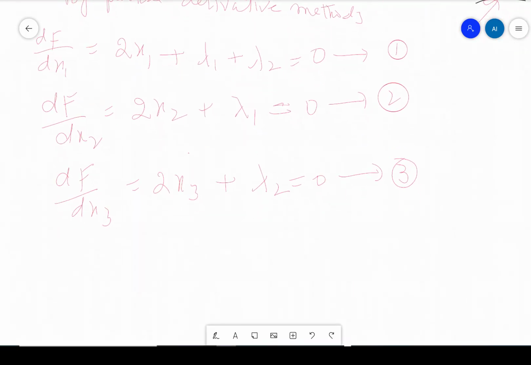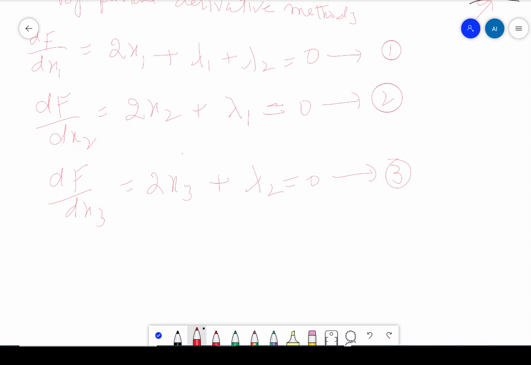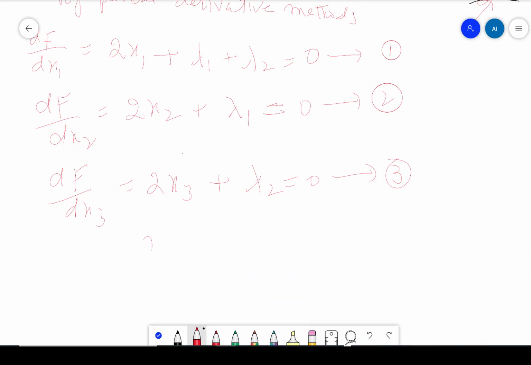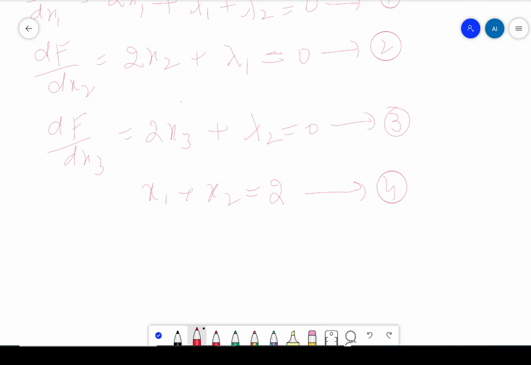And since we already have two equations, we will write them as the fourth and fifth equations, which are x1 plus x2 is equal to 2. This is the fourth equation, and x1 plus x3 is equal to 3. So this is the fifth equation.